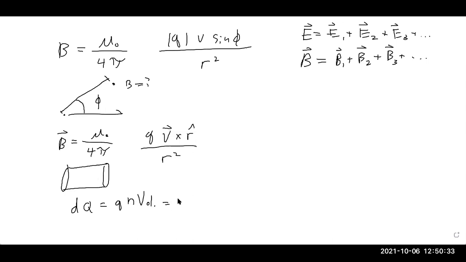Or the charge per particle times the density of free charged particles. And the volume can just be broken up into the cross-sectional area times dl. dl is just our little length bit.